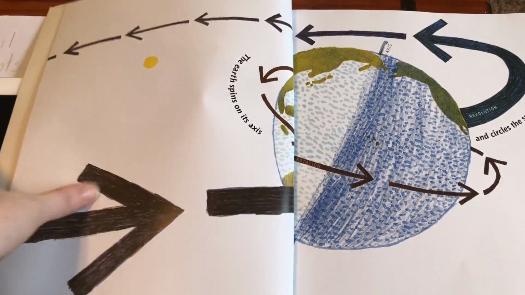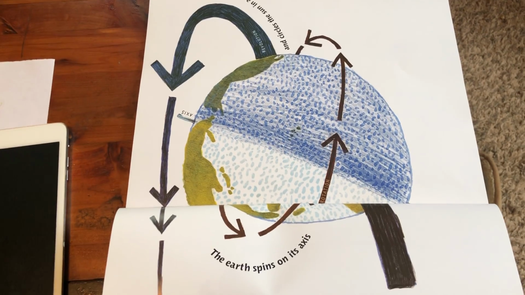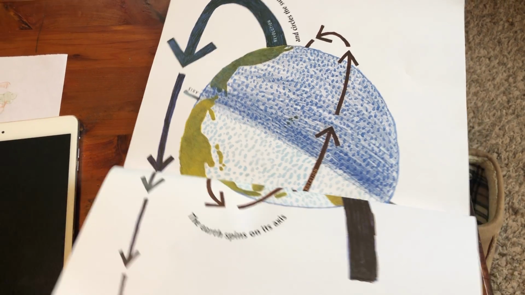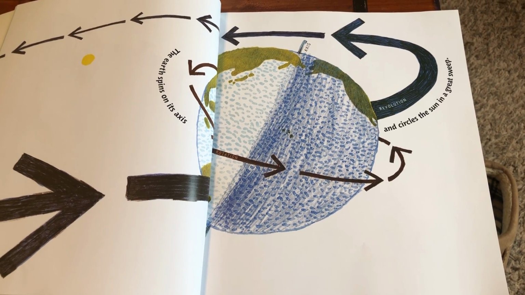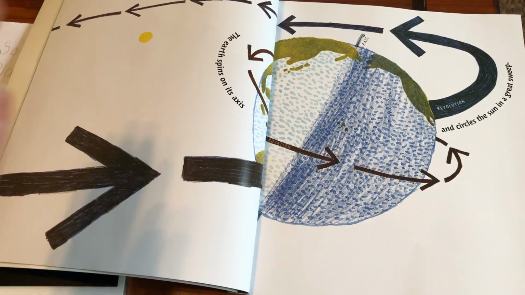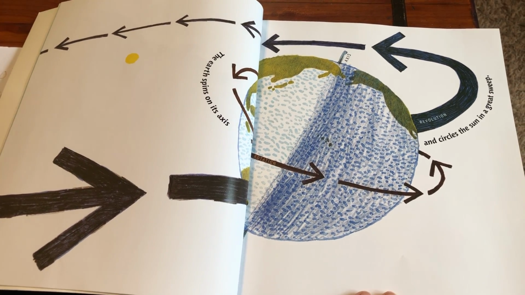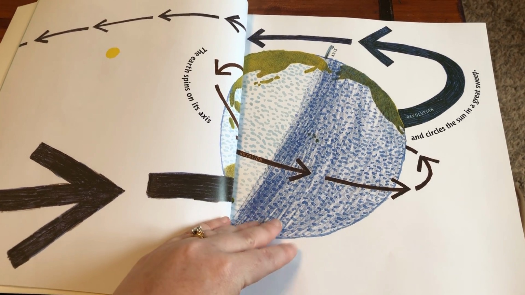I'm going to have to turn the book a little bit. There's the Earth. And it says the Earth spins on its axis and circles the sun in a great sweep. So it's going all the way around the sun. Remember, it takes a whole year to travel around the sun, but it spins once every 24 hours.